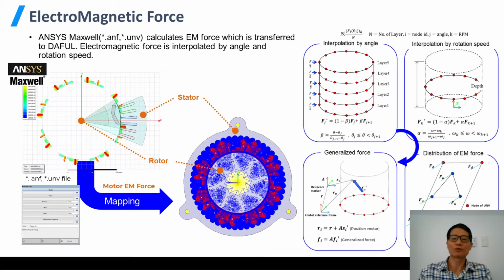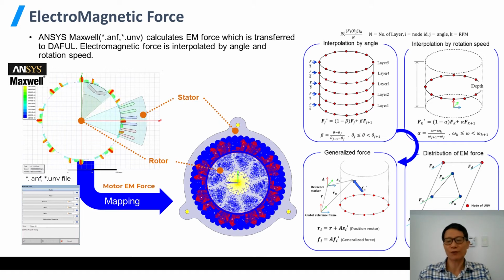Now, when we do Tuple time domain transient analysis, the angle and speed would be very different from what we obtained from ANSYS Maxwell. So we have to interpolate by the angle or rotational speed to produce the exact force and torque of the motor.